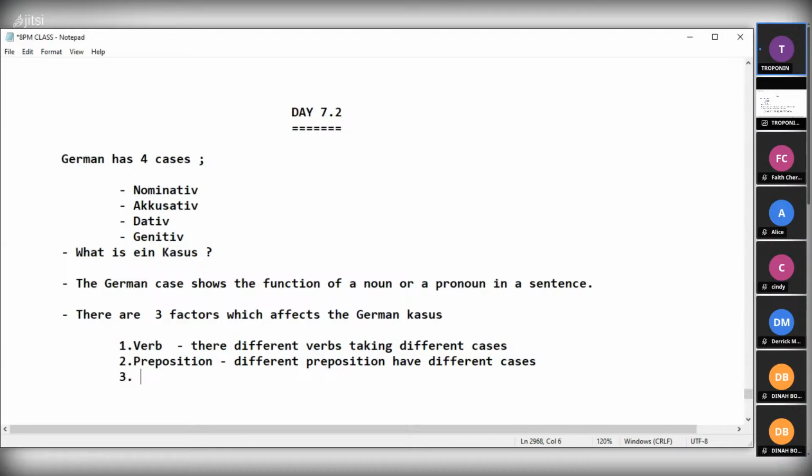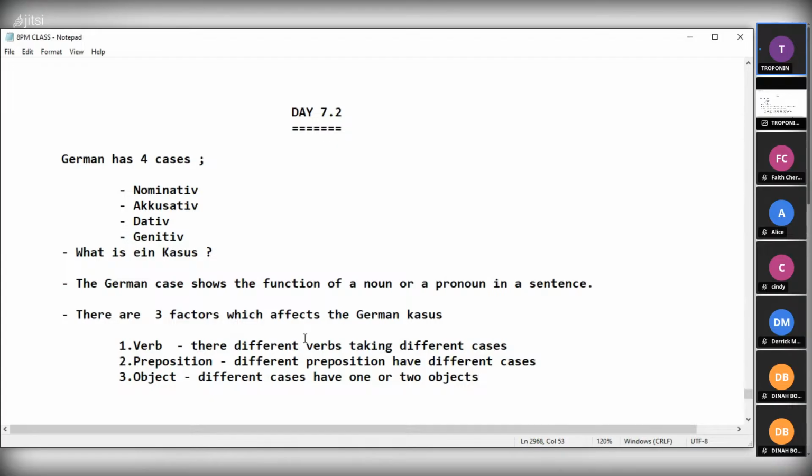Number 3, objects. So different cases have one or two objects.